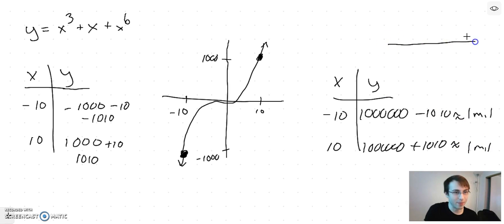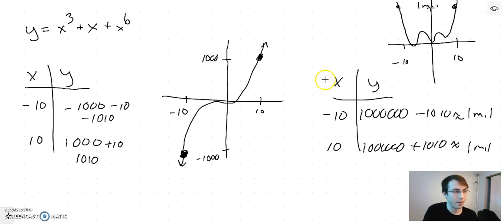So the graph then is going to look something like positive 1,000,000 here, positive 1,000,000 here. So maybe it'll look something like that. So you can see how originally we had an x cubed, and we added a lower term, the x, and then it didn't really change anything in the big picture.